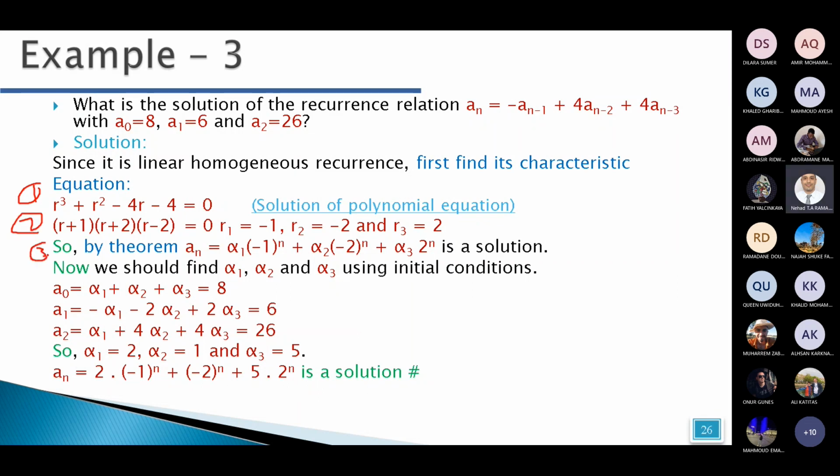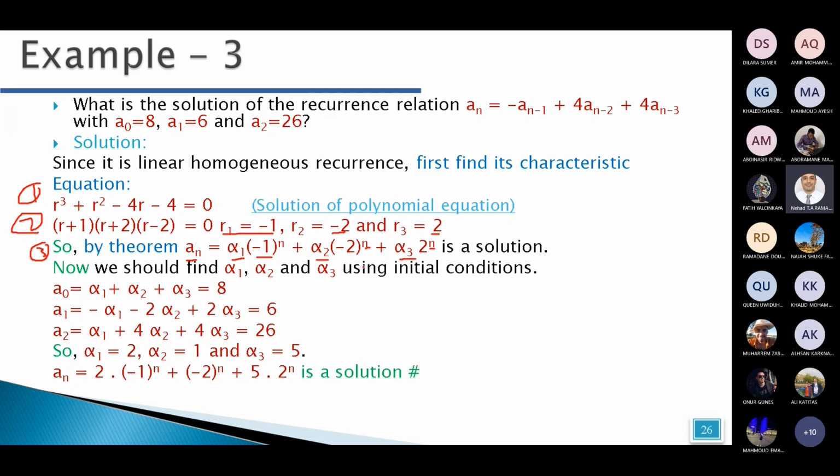Third, we write the solution as a_n equals alpha 1 times the first solution, which is r1 to the power n, plus alpha 2 times the second solution, which is minus 2 to the power n, plus alpha 3 times the third solution, which is 2 to the power n.